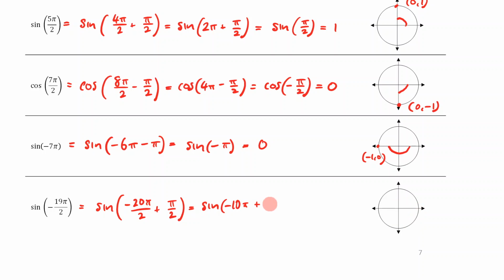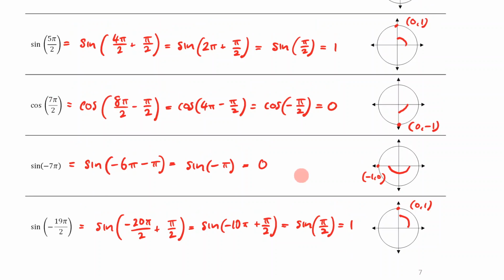Then I'm going to add pi on 2. So this is going to be sine of pi on 2, which is just up here. This is the point (0, 1), so it's going to be 1. So that's a way to think about these questions.